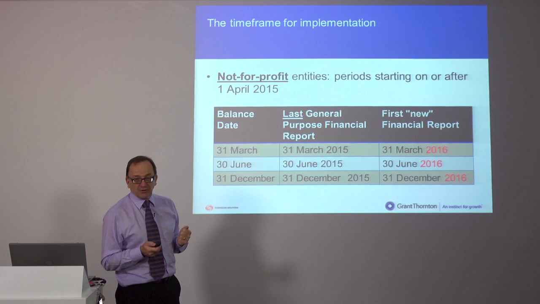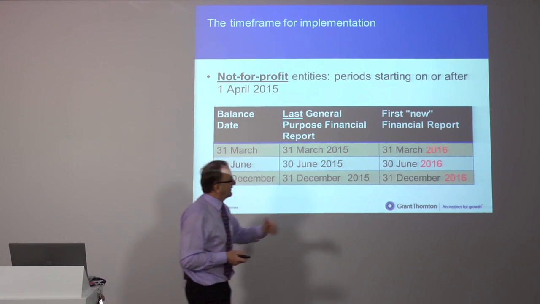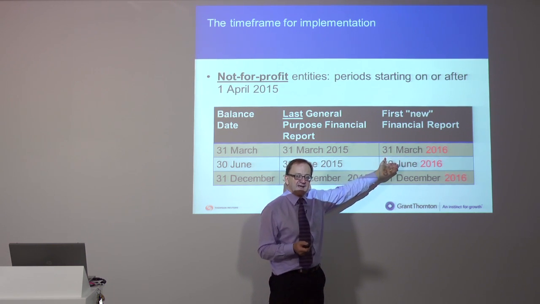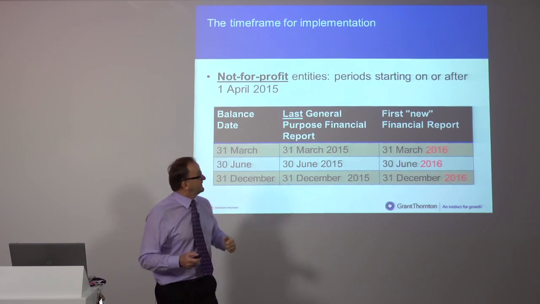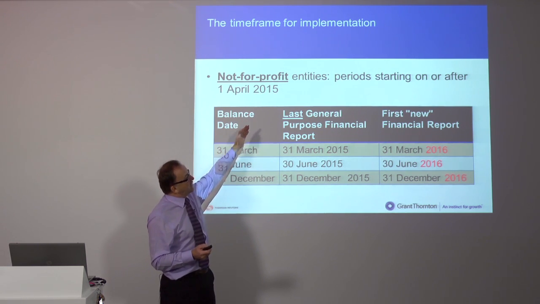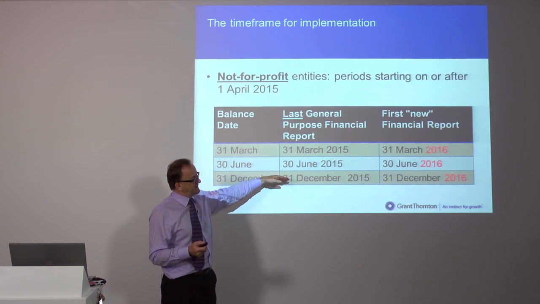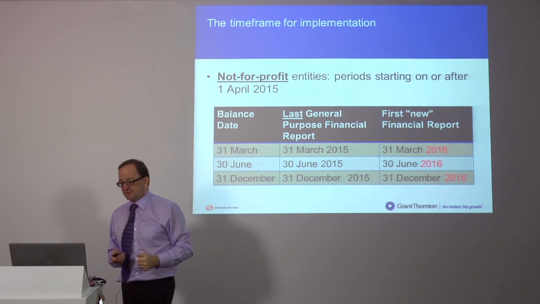When we look at not-for-profits, however, you'll notice that there has been a delay. We're talking about a 1 year delay, 2016. That's so that you can get your comparatives. And in fact, this is effectively the time frame for transition if you're a tier 3 or tier 4 entity, as I was just previously explaining.